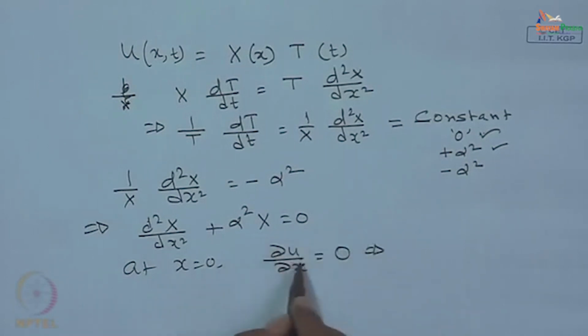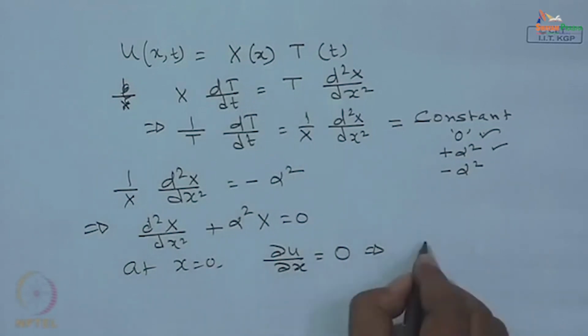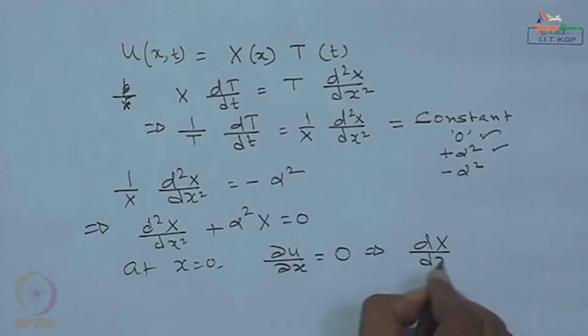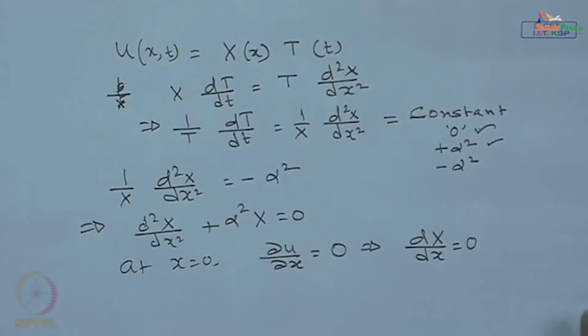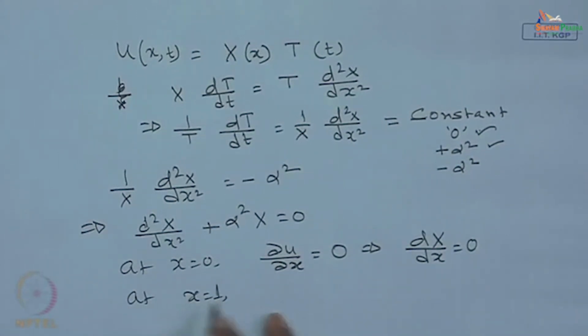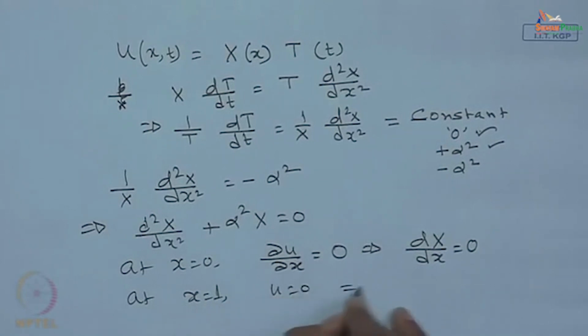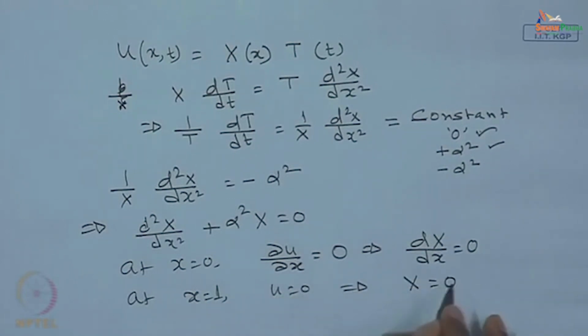Therefore, you just put u is equal to X into T, T is independent of x. So, you will be getting dX/dx is equal to 0. So, it will be a total derivative, because capital X is a sole function of small x. Similarly, at x is equal to 1, we have u is equal to 0. So, therefore, your capital X must be equal to 0.